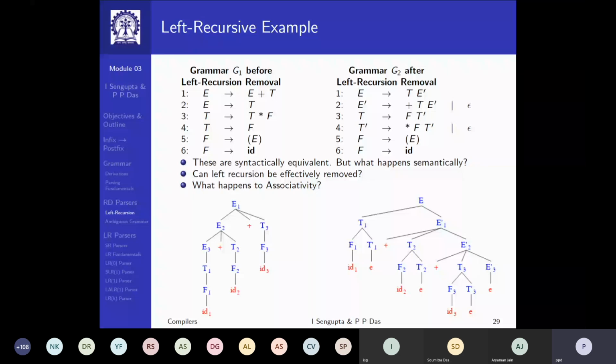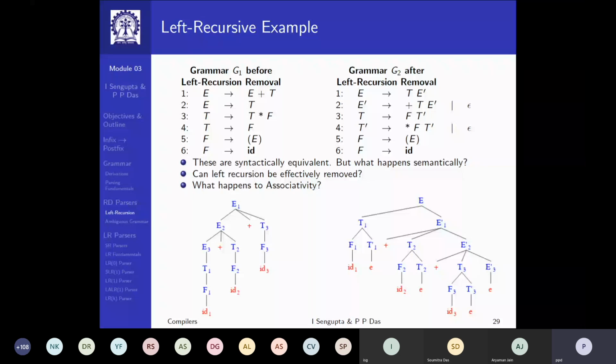But is this removal effective? It is not, in a way, because in this process I have actually destroyed the associativity of the operator. The operator has now become right associative.